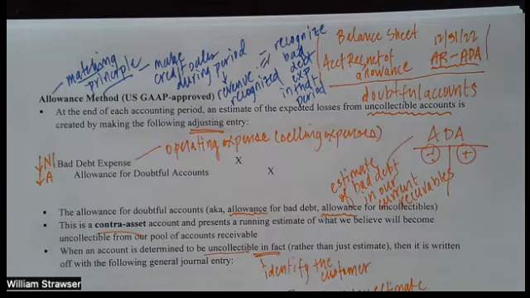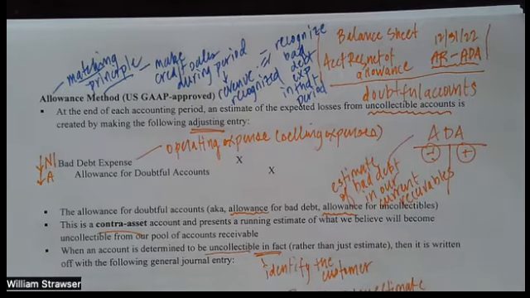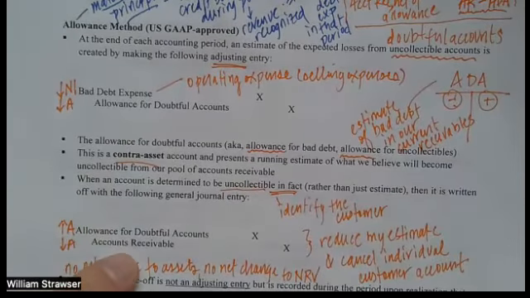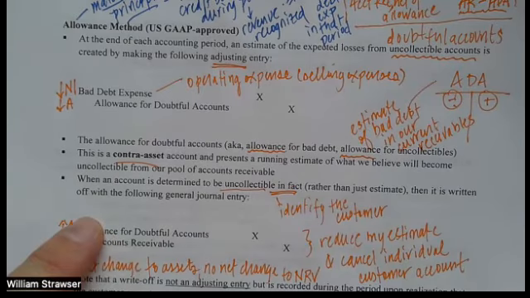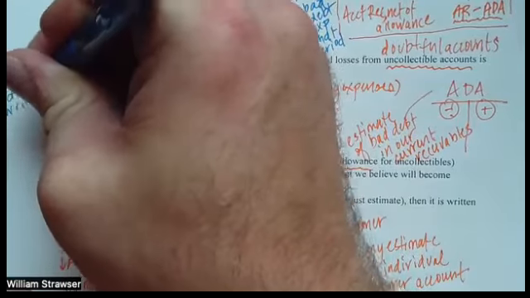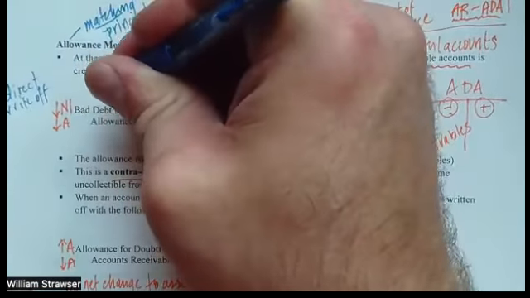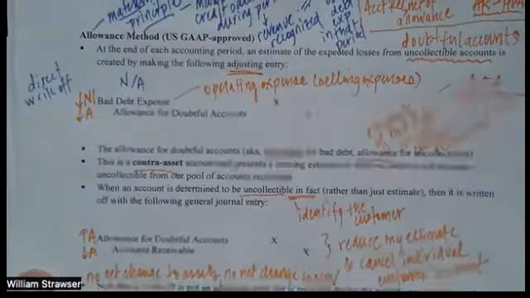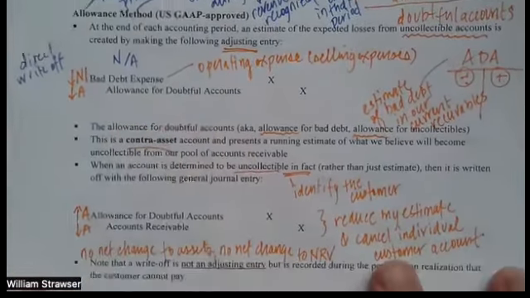The direct write-off method is not, because the direct write-off method does not recognize the expense until we know it's a default in fact, until we know the exact person that would have defaulted. And, as an example, to look at the two side by side, the direct write-off would not estimate any bad debt expense. So this whole entry would not exist under direct write-off. It does under the allowance method.